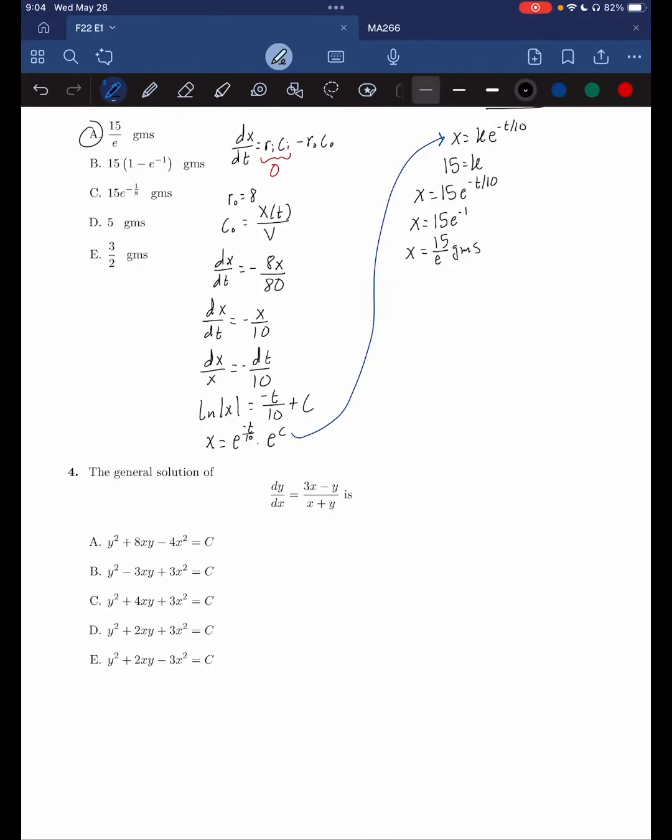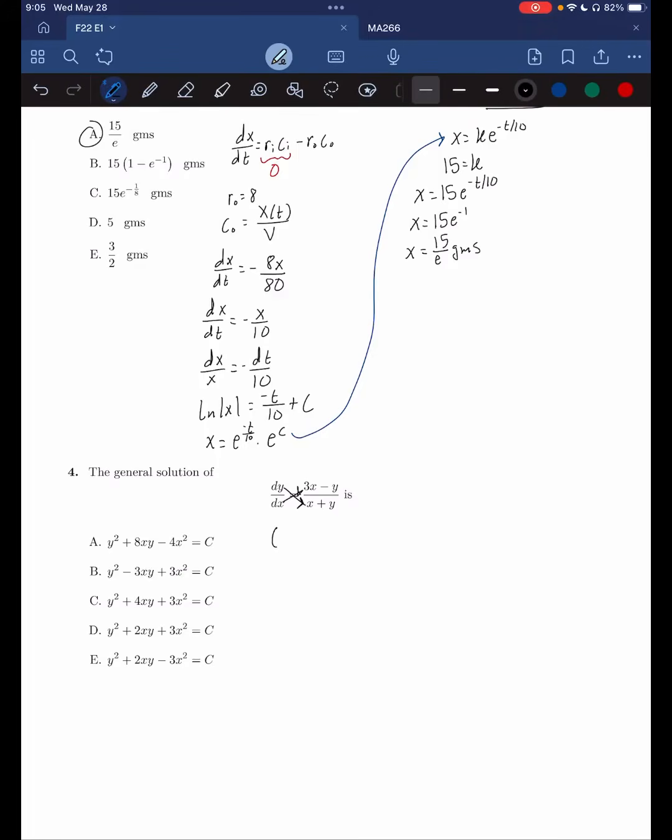And you might be thinking, oh, how do I get into this exact form? Well, the best way you can get into this is actually just cross multiply. So you have a 3x minus y dx. Hold on, sorry.